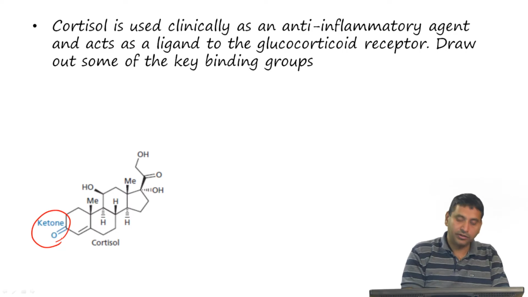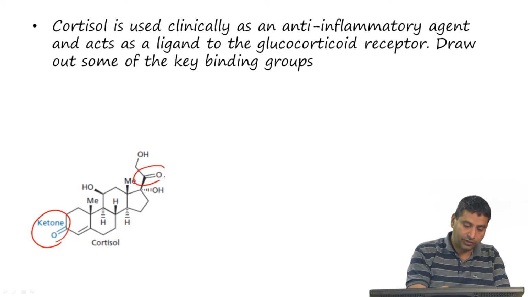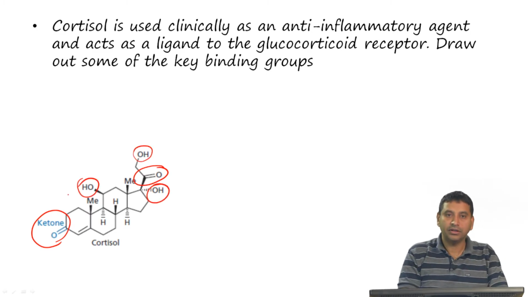You have a carbonyl, C double bond O here, there is another carbonyl, C double bond O, and there are hydroxyl groups present here. So, these are the major hydrogen bond donors and acceptors in cortisol.